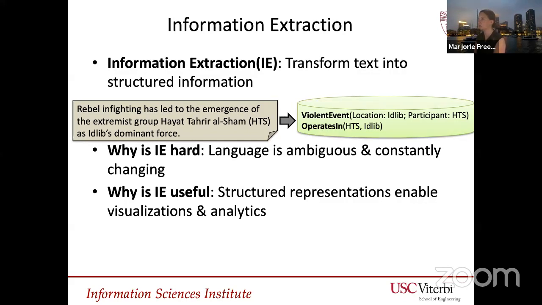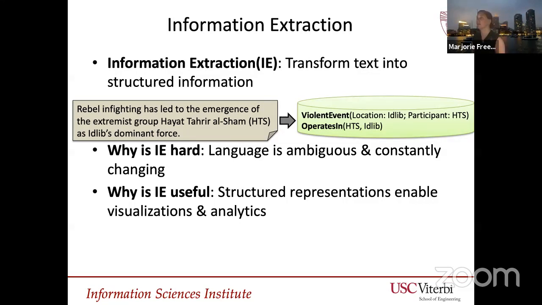Information extraction is a subfield of natural language processing with the goal of transforming text into structured information. As Craig mentioned, I work on a lot of different programs. Most of them focus on open domain news-like material, with the goal of taking that text in the newswire and making it look like something that you would put into a database record.